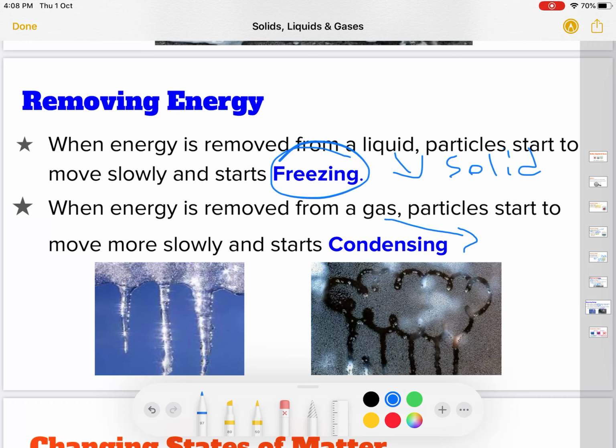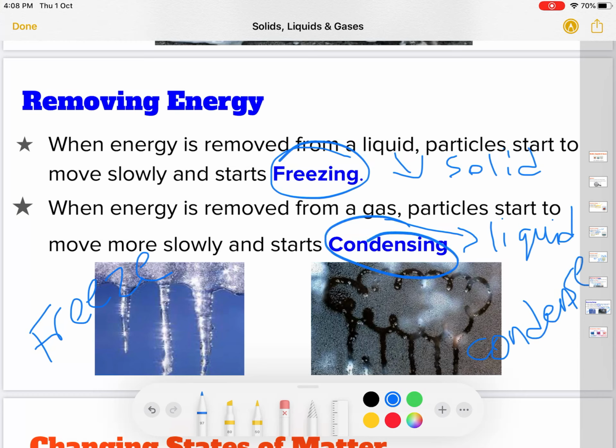So gas will form into a liquid. So here this is freezing, in the first picture. And here condensation in the second picture. Condense.